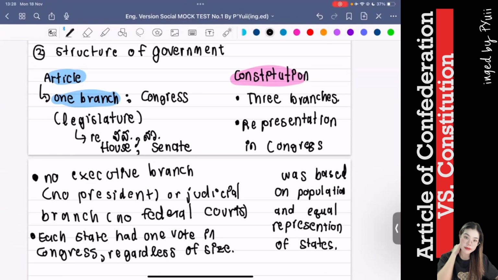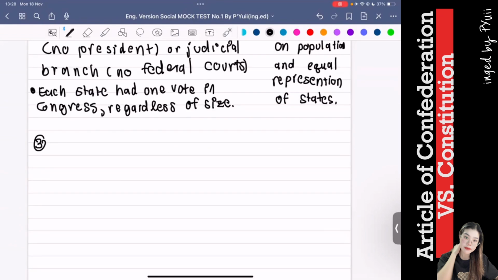อันที่ 3 ค่ะ, other than the structure or the form of government, the third one is the power of the federal government.